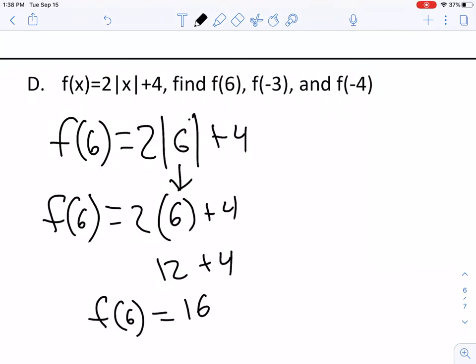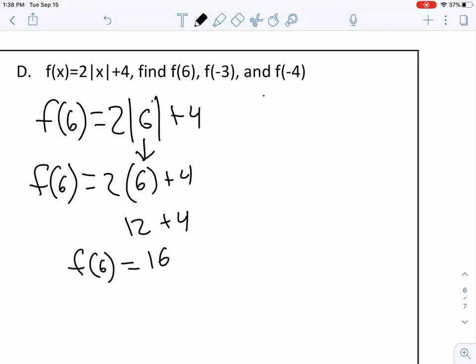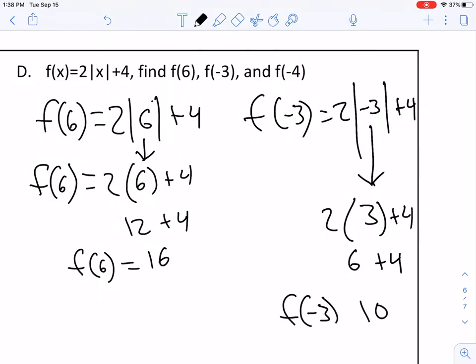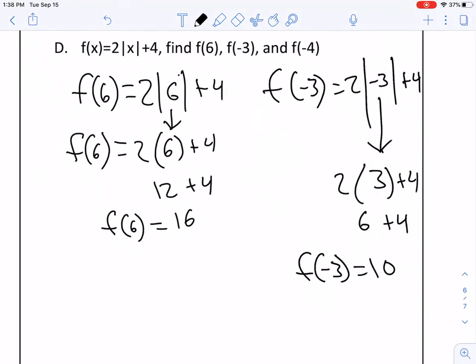I can do that same thing with negative 3. 2 times the absolute value of negative 3 plus 4. The absolute value of negative 3 is positive 3. So 2 times 3 plus 4 is 6 plus 4. 6 plus 4 is 10. So when I plugged in a negative 3, I got out a 10.